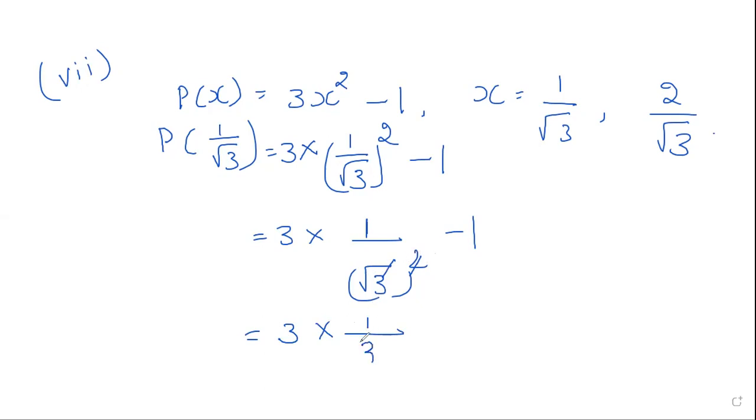So it is 3 minus 1. Again 3 and 3 get cancelled. 1 minus 1 is equal to 0. So we are getting 0 as the answer. So the value of x, that is 1 by root 3, is a 0 of the polynomial.